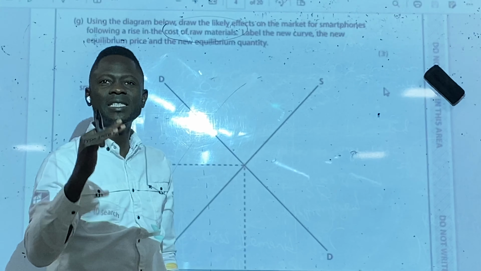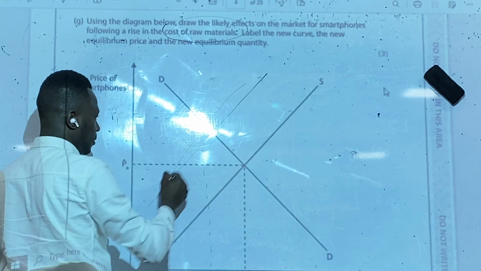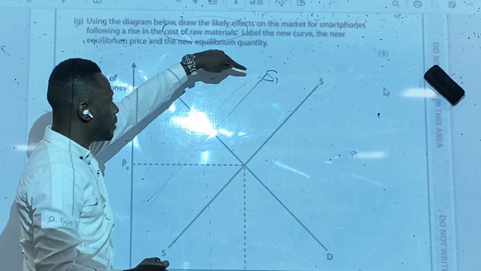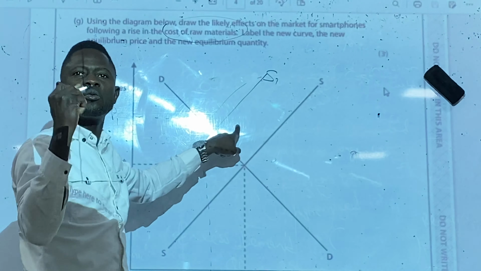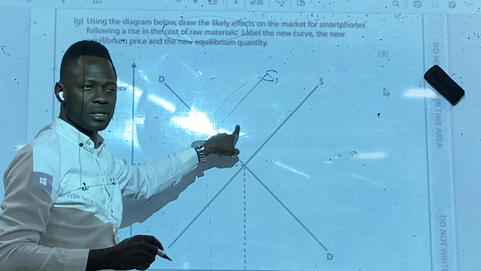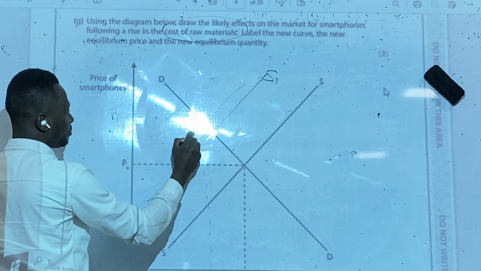So the supply curve will shift leftward from S to S1. At this point there will be a shortage in the market, so we're going to have a new equilibrium.